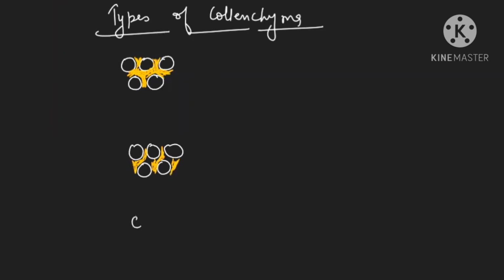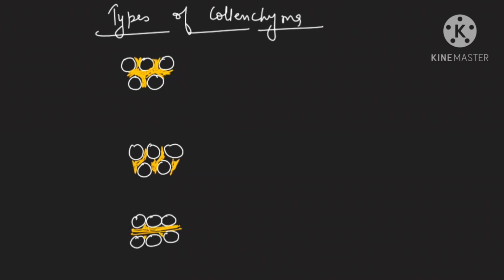Third one, they are first making one layer of this hemicellulose and pectin in the form of a layer, and again they are putting it this way. It's not at the corners, it is a full line, a full layer.